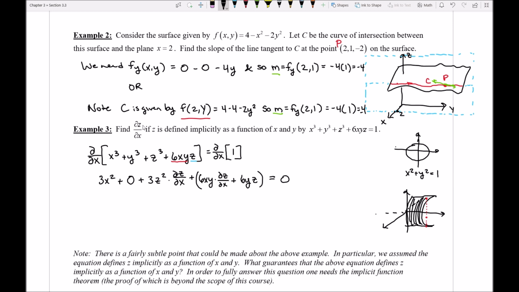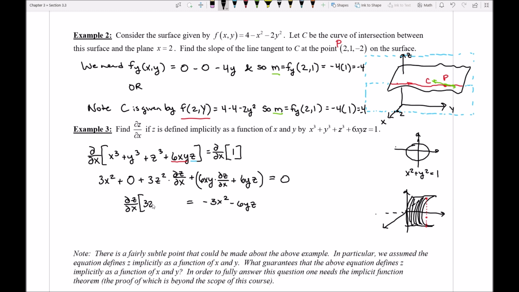So if the question now asks me to solve for the partial of z with respect to x, I'm just going to have to move some things around. I'm going to start by moving everything that doesn't have a partial derivative of z to the other side of my equal sign. You'll notice that means I have to subtract over the 3x squared, and I have to subtract over the 6yz. Everything that does have a partial with respect to x is going to be left over on this side, and I'm able to factor out that partial.